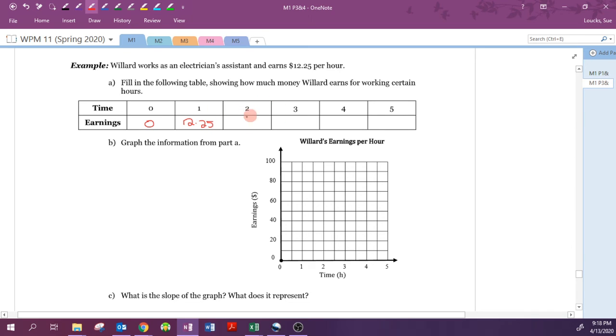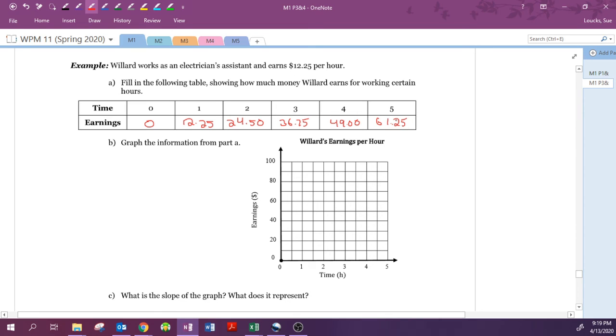If he works 2 hours, he's going to make twice that, which is going to be $24.50. 3 hours is 3 times $12.25, which is $36.75. And then $49 and $61.25.